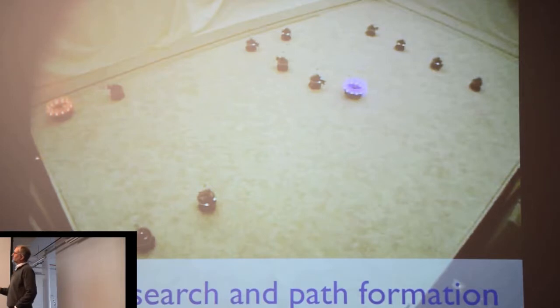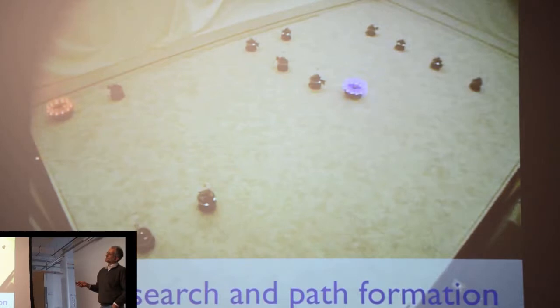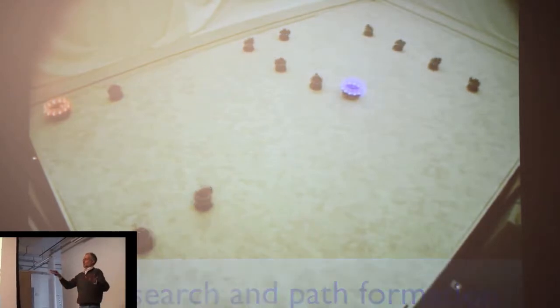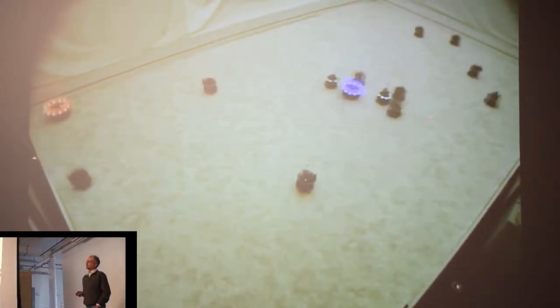The object weight is such that it requires at least 3 robots to be moved. The vision field of the robots is approximately this distance. The robots are placed randomly in the environment. So what they do is they are switched on and they start to move in a kind of random way in the environment, and then they will start to build chains.